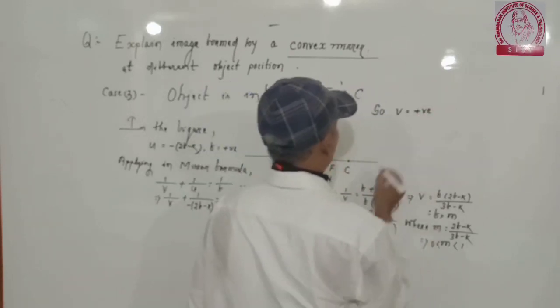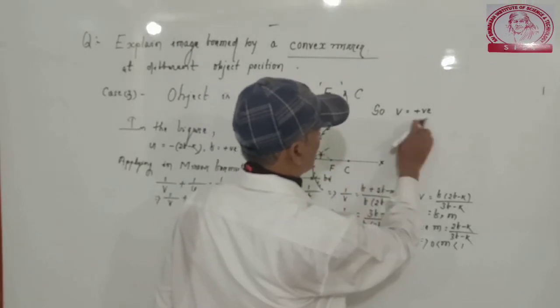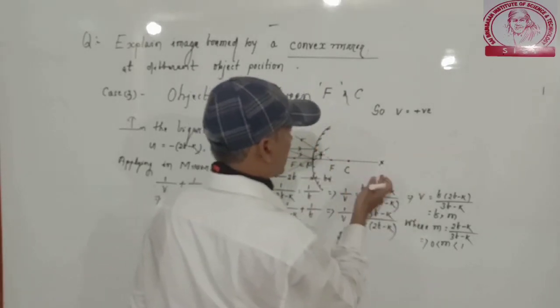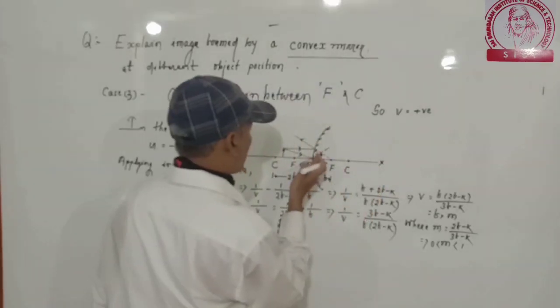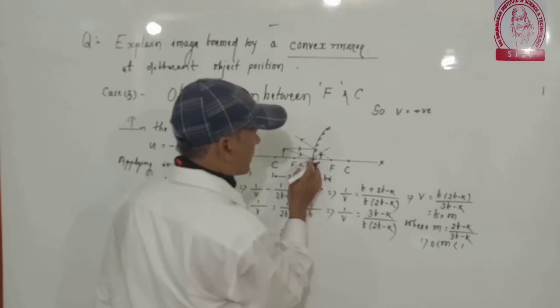Behind the mirror is the positive x-axis, in front of the mirror is the negative x-axis. The pole is considered to be the origin.